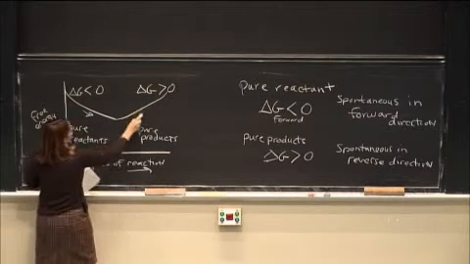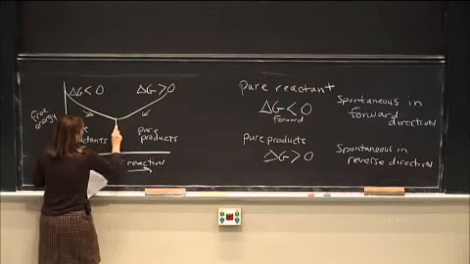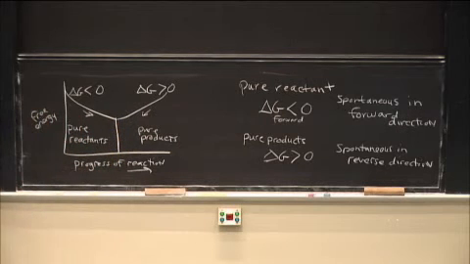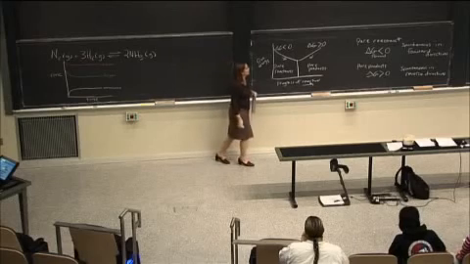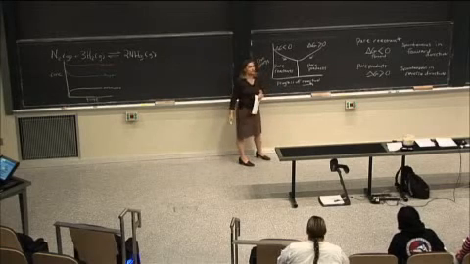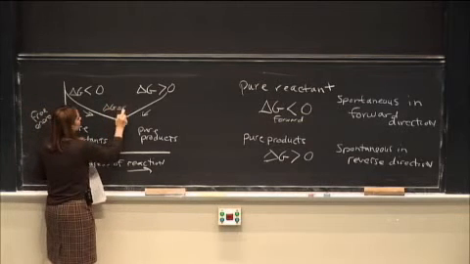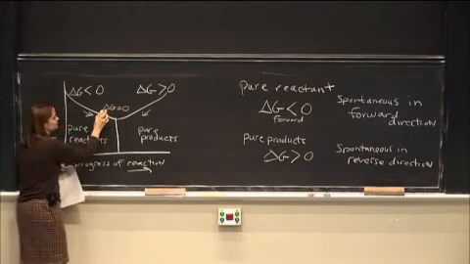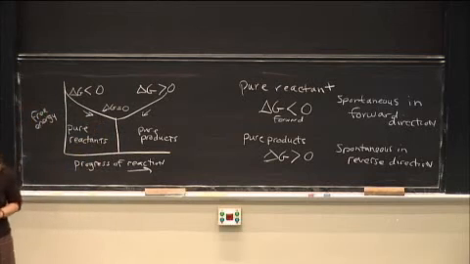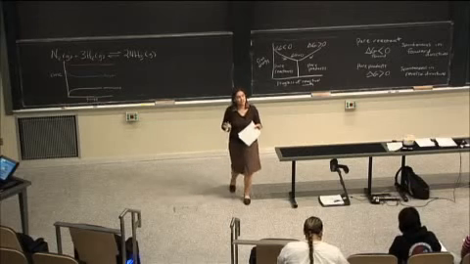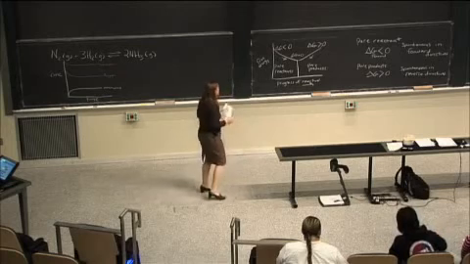and the reaction will go in the reverse direction until what happens? Till you reach equilibrium. And what would delta G be at equilibrium? 0. Right. So you see, there is a great relationship between delta G and equilibrium.